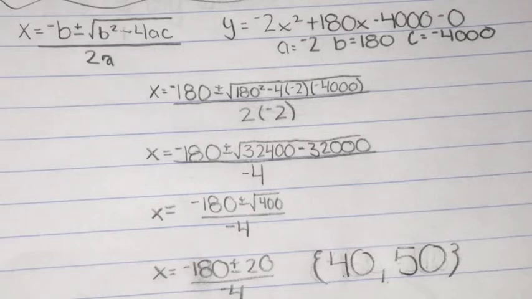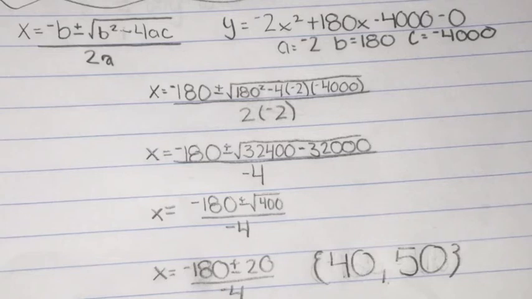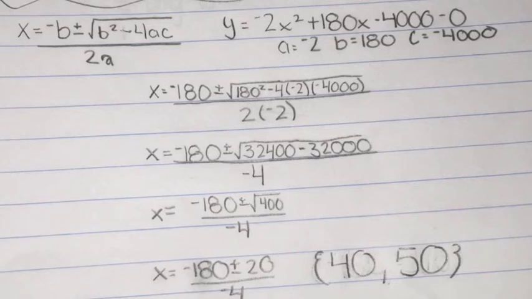The next step in solving this, which is the last step, would be to take negative 180, add it to 20, then divide that answer by negative 4, which equals 40. Then you need to take negative 180, subtract 20 from it, and then divide that by negative 4, which equals 50.